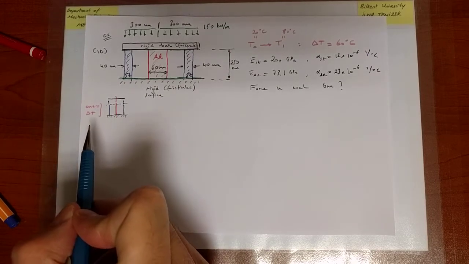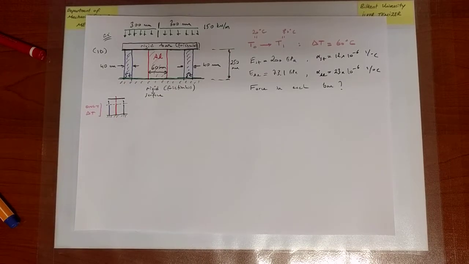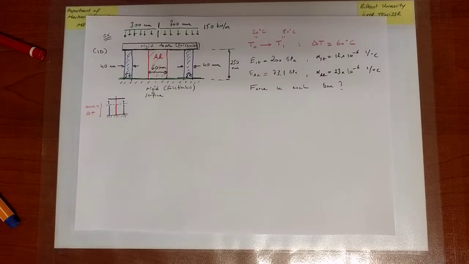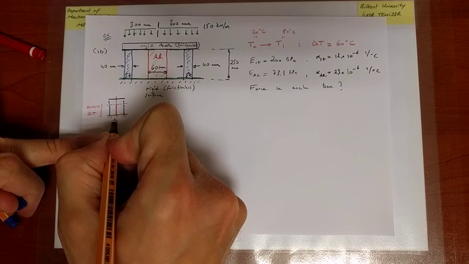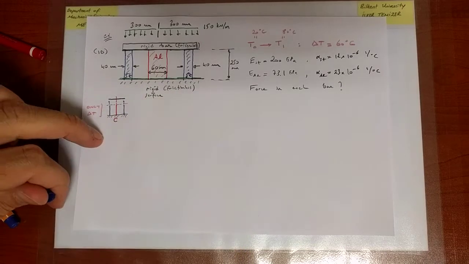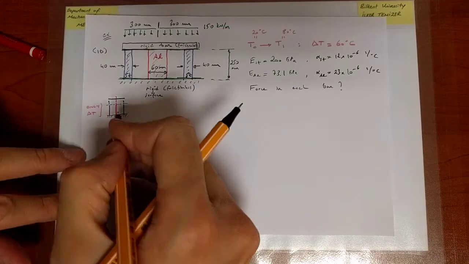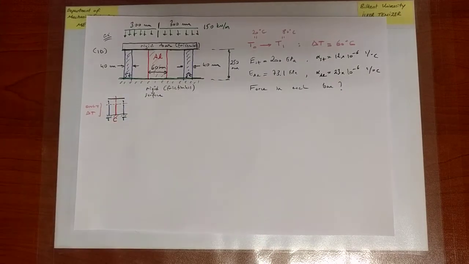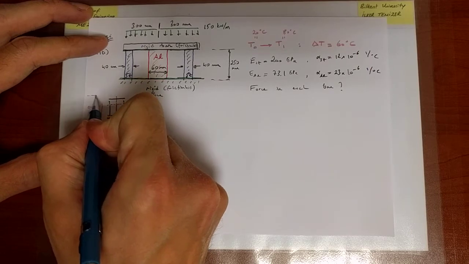So blue is going to be under tension and red is going to be under compression. So if we have only delta T, what we expect is that aluminum is going to be under compression and steel is going to be under tension. So TCT is what I'm writing just to remind ourselves of this hypothetical scenario. Okay.